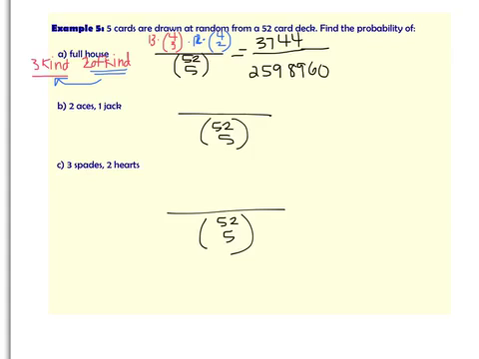Okay, next one, let's do 2 aces and 1 jack. So this time we are specifying what the cards are. So we're not going to have that extra business of multiplying by 13 or 12 or anything like that. So 2 aces, we remember that there's 4 aces, we want 2 of them. Then for 1 jack, there's 4 jacks and we want to choose 1 of them.